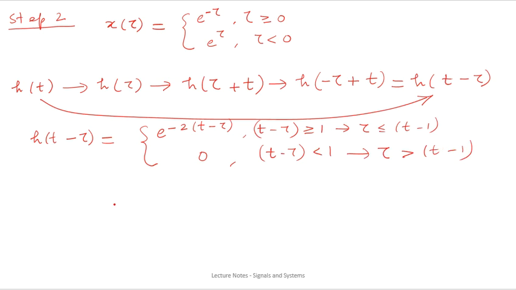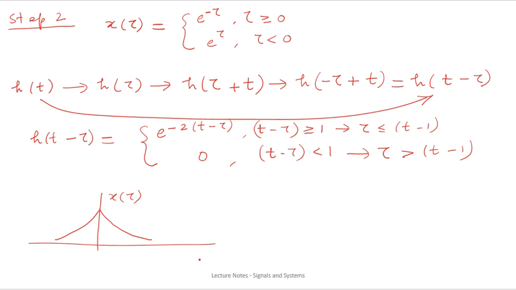Now if you plot these two, x of tau will be the same as x of t, except that there is a change in variable. So this is the same graph as we had drawn in the previous slide.